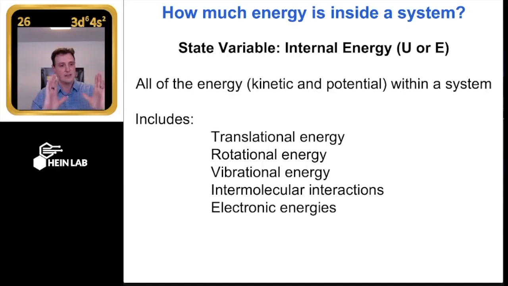Now, especially for ideal gases, we're going to define this state variable, just like temperature or density, as the internal energy. The internal energy usually gets a term, U or E. The internal energy, this measured value, is really a sum of all of the energy inside the system.